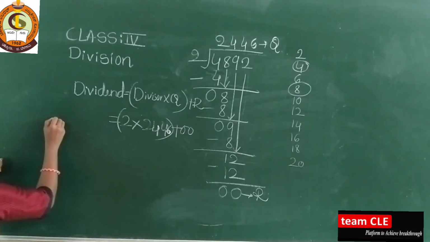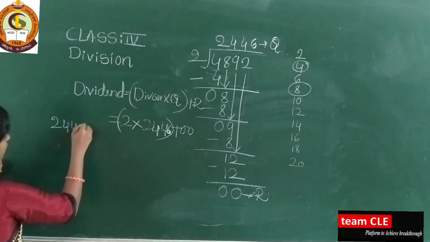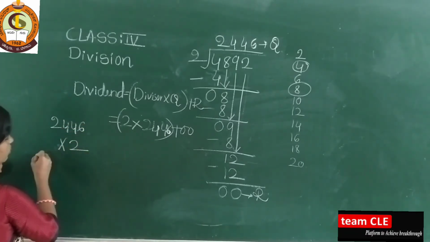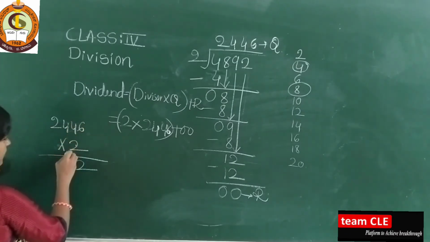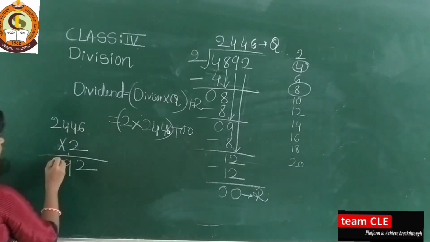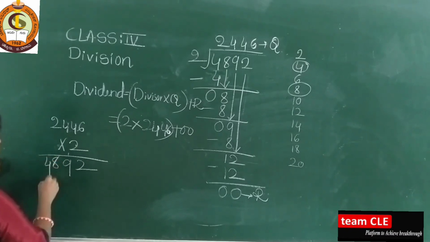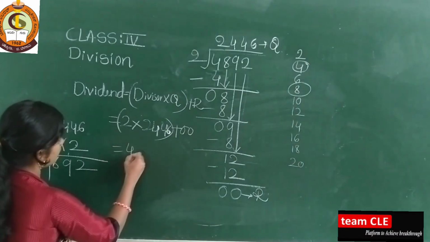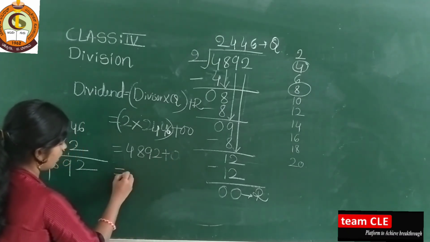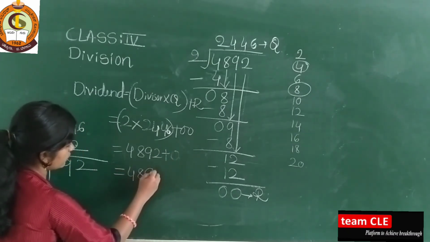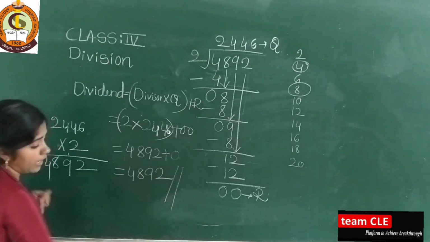So multiply this 2446 into 2. 2 6s are 12, 2 4s are 8, 8 plus 1 is 9, 2 4s are 8, 2 2s are 4. So right here 4892 plus 0. So after adding this I will get 4892 as an answer.